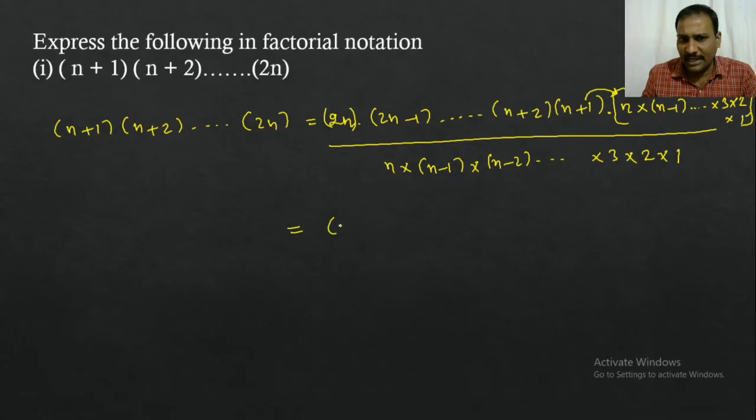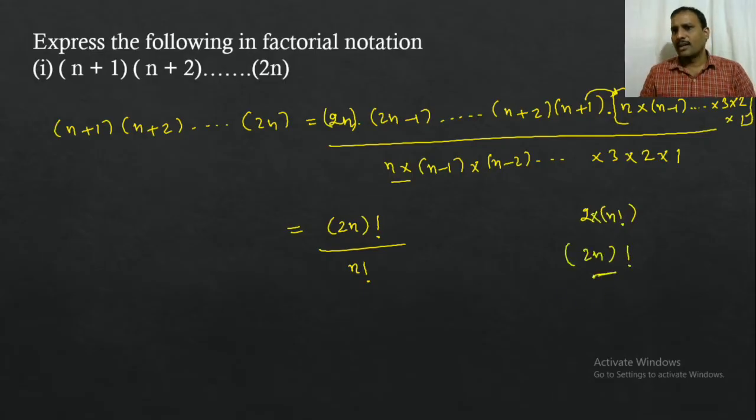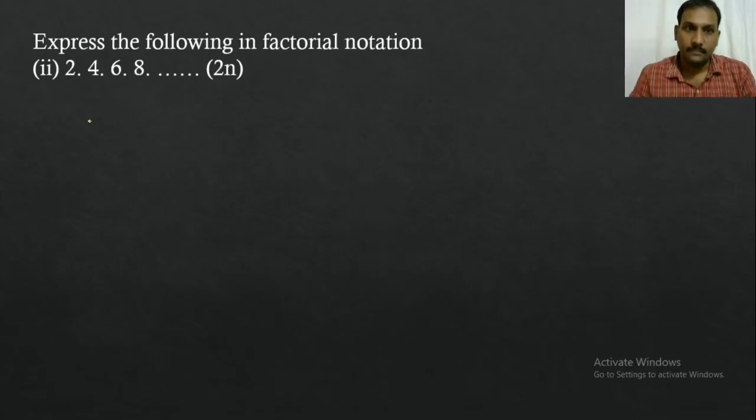So this can be written as 2n factorial divided by n factorial. Note this is not 2 times n factorial; this is 2n whole factorial. You should be very careful with this terminology. So this is how we can write it in factorial notation.